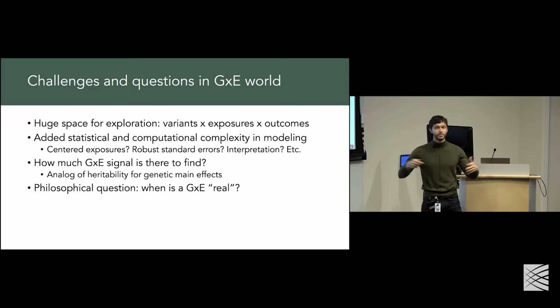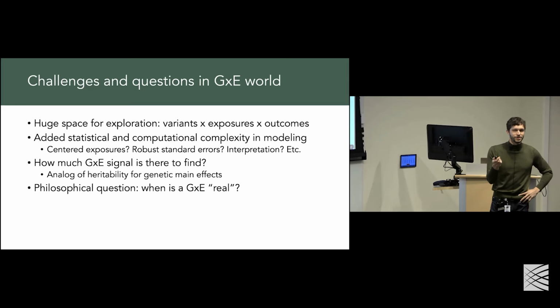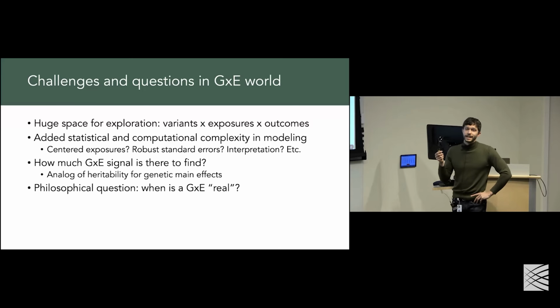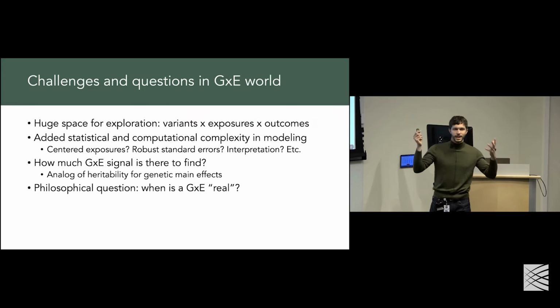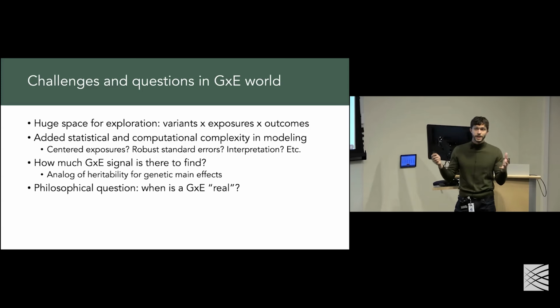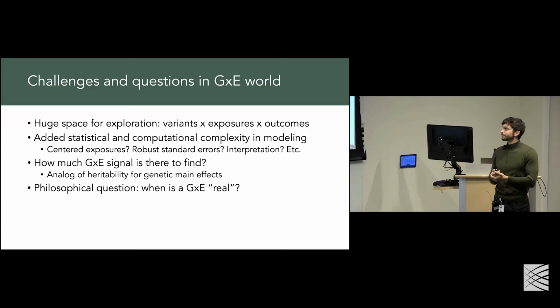It's not just the fact that we could explore any number of outcomes as we might in GWAS, but we also have, depending on how you define it, almost infinite exposures that you might be interested in testing. In practice, in the UK Biobank, for example, you might have 1,000+ exposures that are meaningfully distinct in some way and might be interesting to test. So that really raises your dimensionality, your multiple hypothesis testing, et cetera.